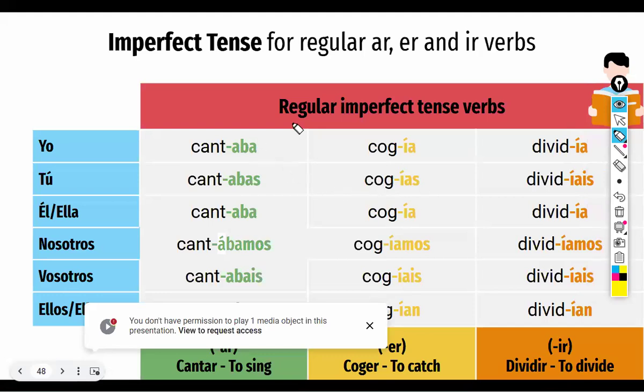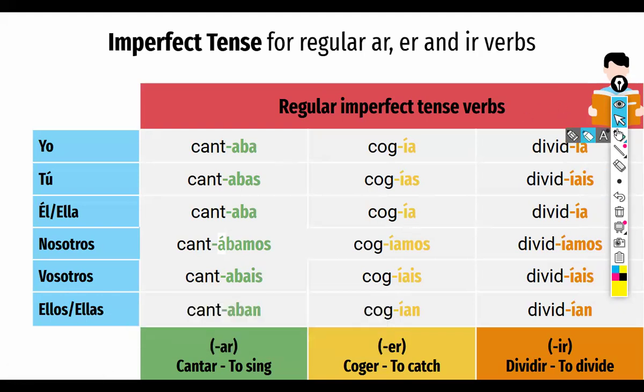All right, so for the AR verbs, we take off the AR, we take off the ending, and we add for yo, we add ABA, ABA. For tú, we add ABAS, ABAS. For él, ella, we add ABA. For nosotros, we add ABAMOS, á-BAMOS. For vosotros, we don't do that, so let me just put a line through it.